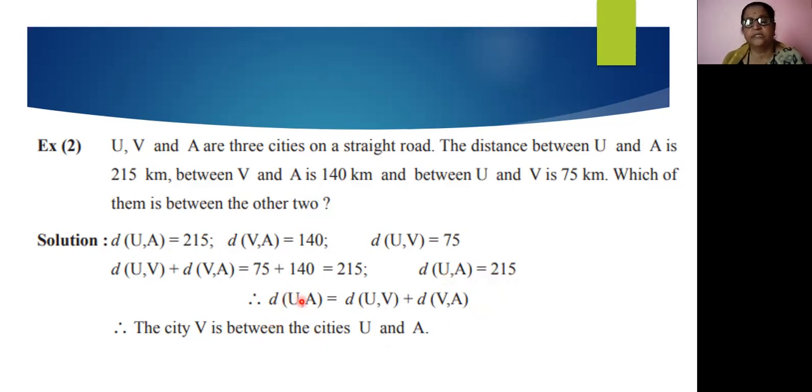Therefore, distance UA is equal to distance UV plus distance VA, so city V is between U and A.